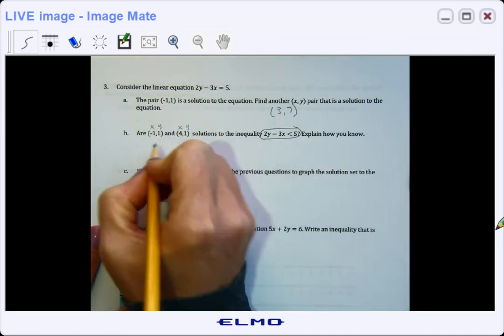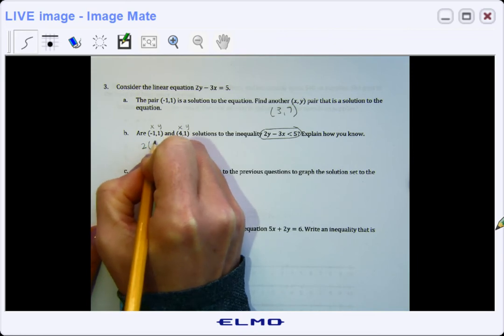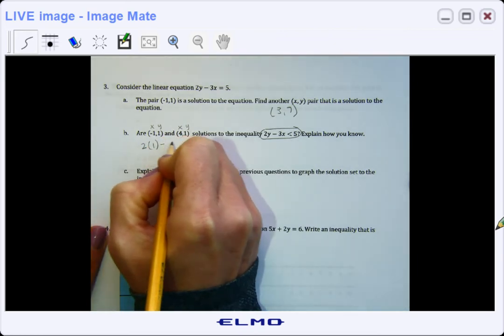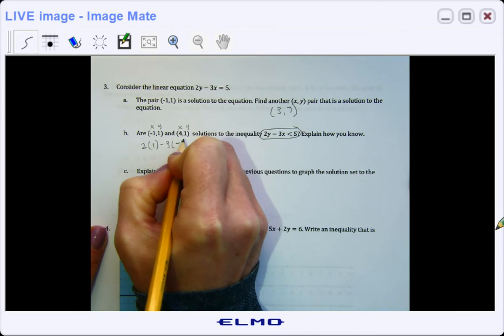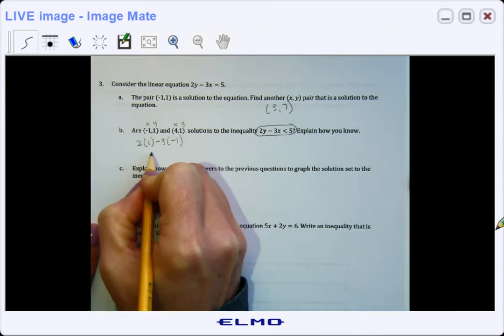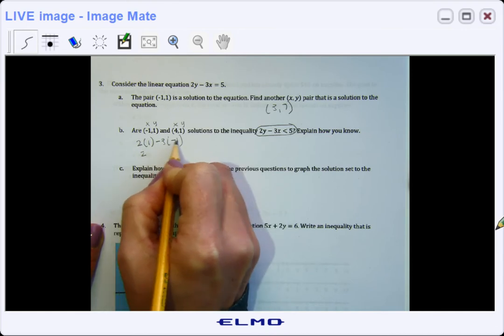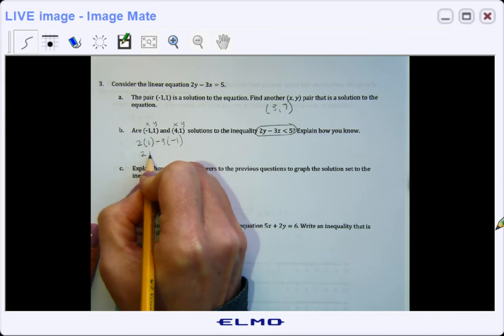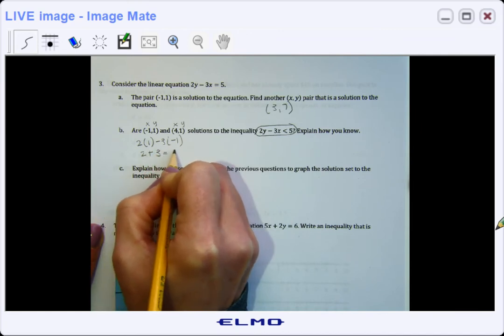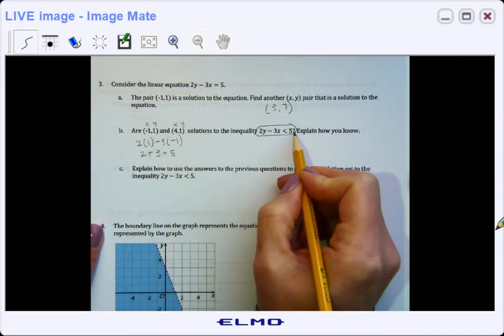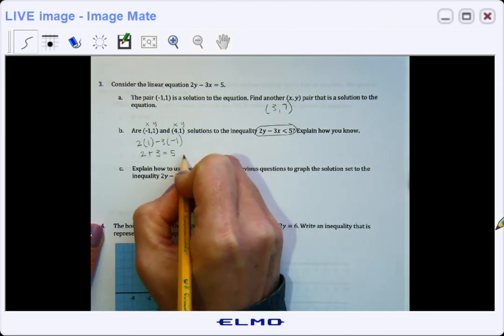So 2y, 2 times 1 minus 3x, minus 3 times negative 1. So that's going to be 2. And then we're actually adding 3. Negative 3 times negative 1 is positive. So 2 plus 3 equals 5. So that's why the first one is a no.